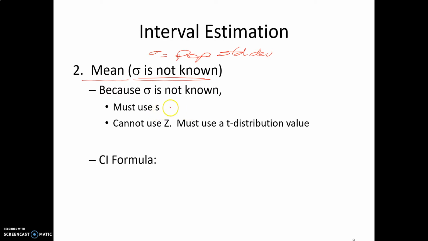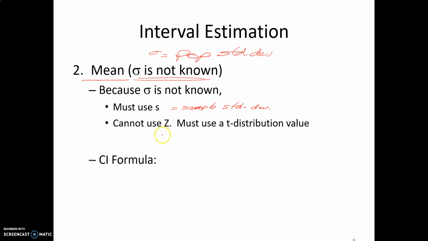We're going to use S, which represents the sample standard deviation. This is a value that you would find right from your sample data. Because the population standard deviation is not known, we have to use the sample standard deviation.